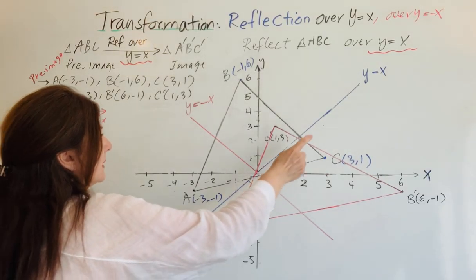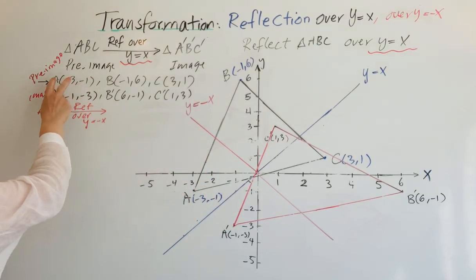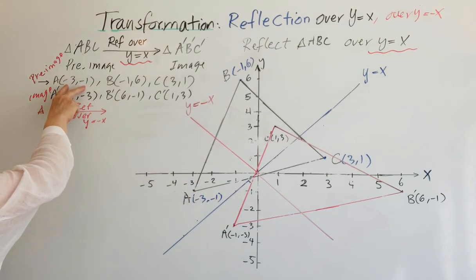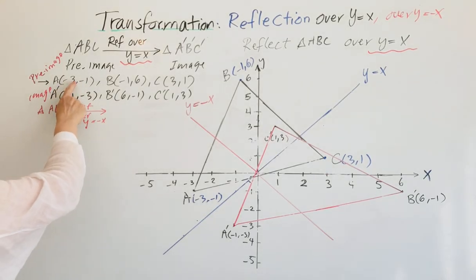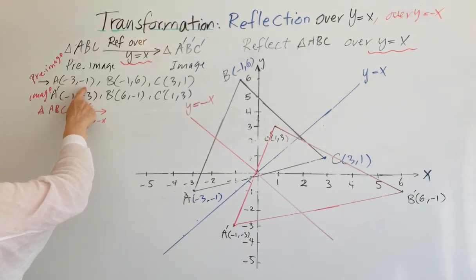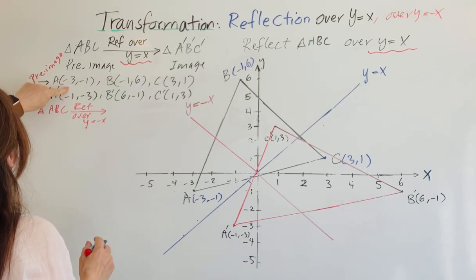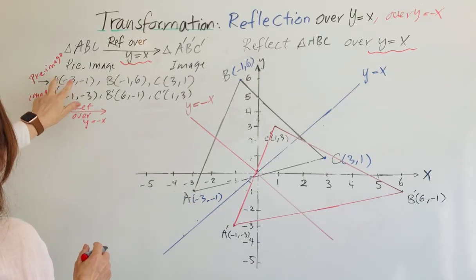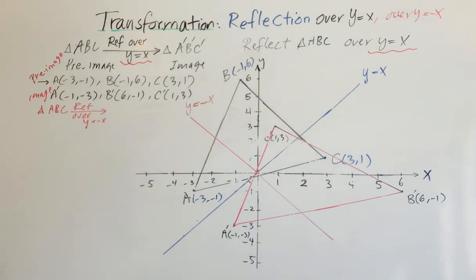In this case, we need to exchange the coordinates and change the sign. Negative 3, negative 1 gets (1, 3). If the pre-image is this one, we can exchange and change the sign.